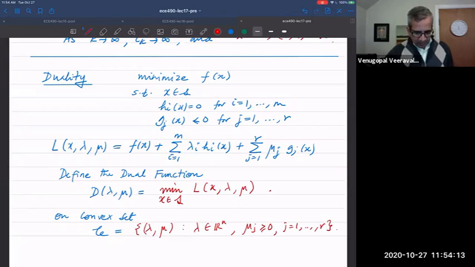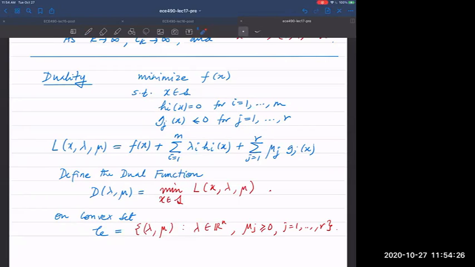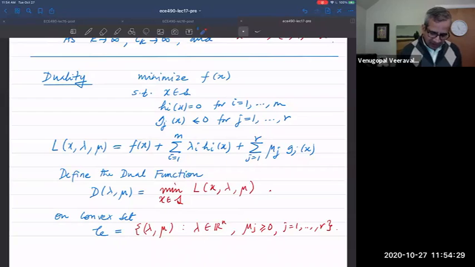So this function d(lambda, mu) is defined on this convex set. What we're going to now establish is that this function is a concave function in lambda and mu, or the negative of this function is a convex function over this convex set.